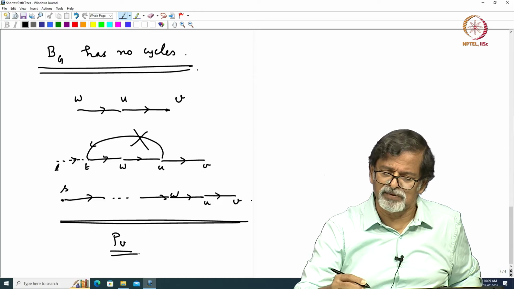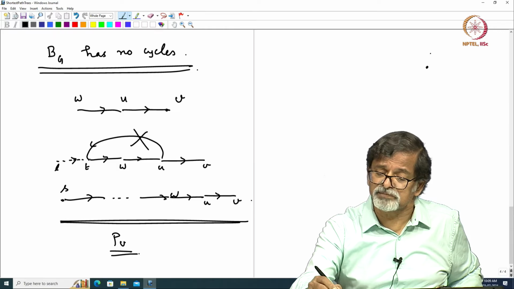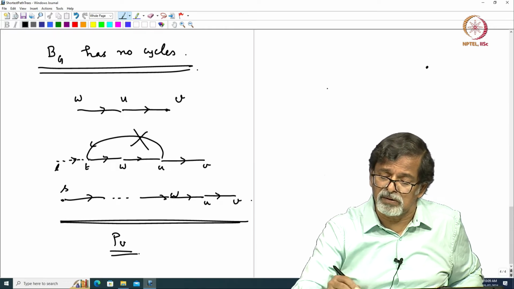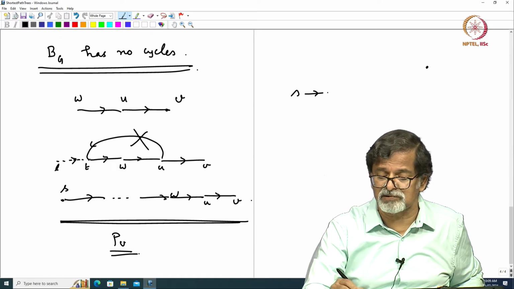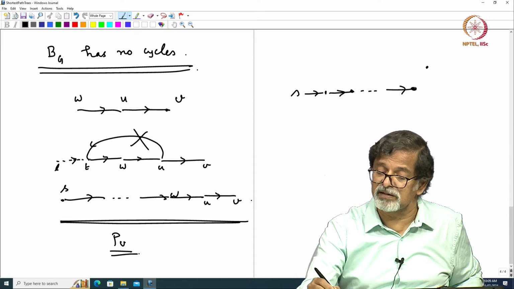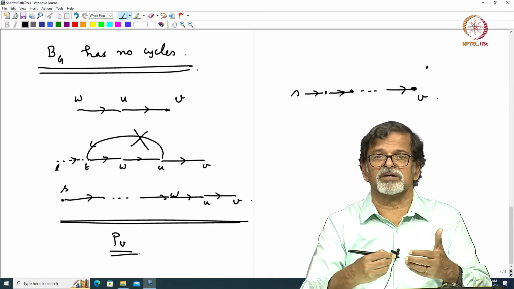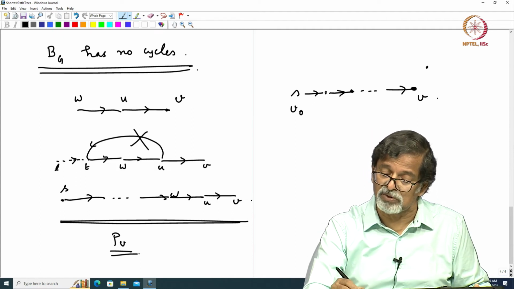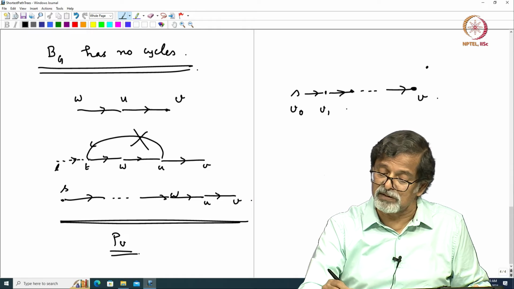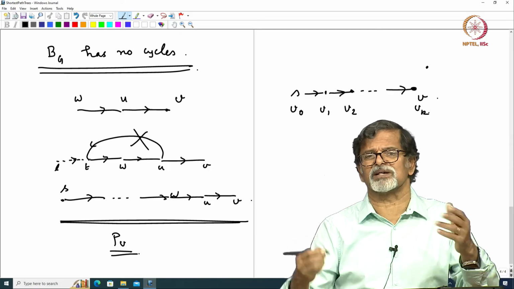Let us say we have a path from S to some vertex and from there to some vertex and so on, and finally somewhere to V. Just for ease of reference, we call this S as V0, the next one as V1 and the next one as V2, and V itself will be Vk for some k.